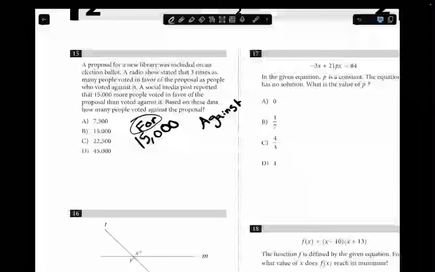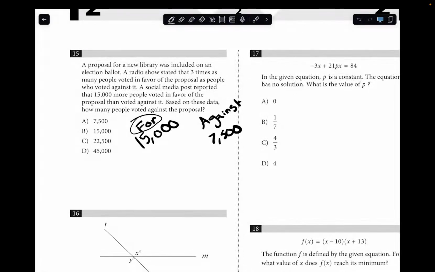But 3 times as many people voted. Wait, why am I having such a difficult time wrapping my head around this?